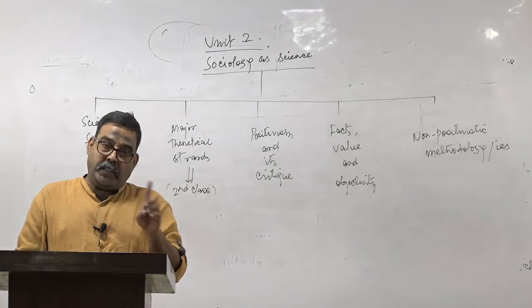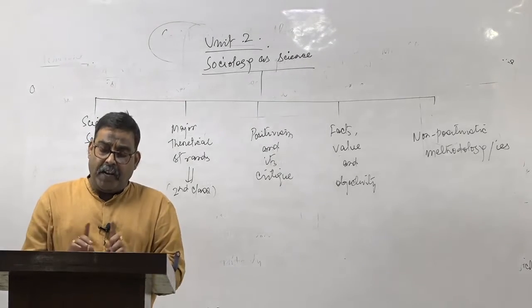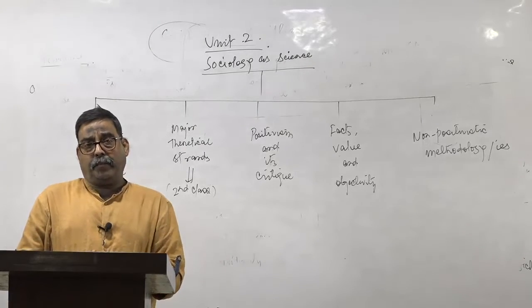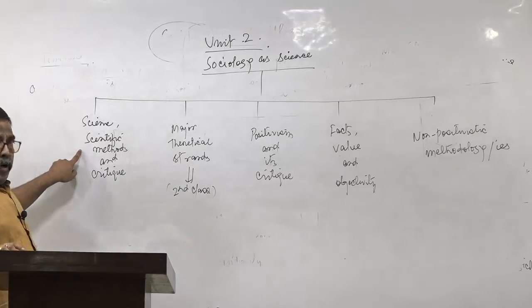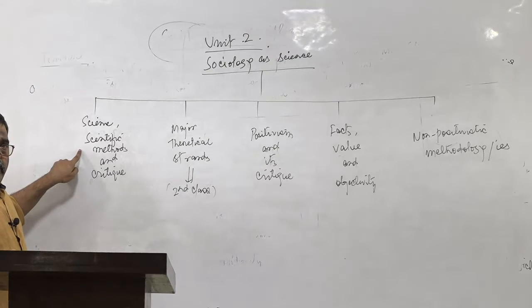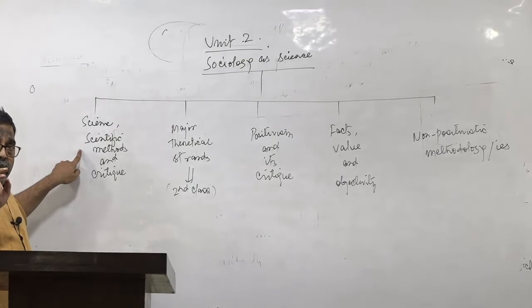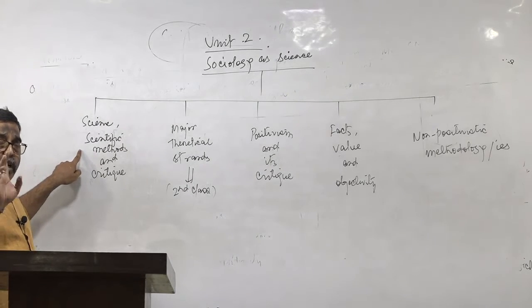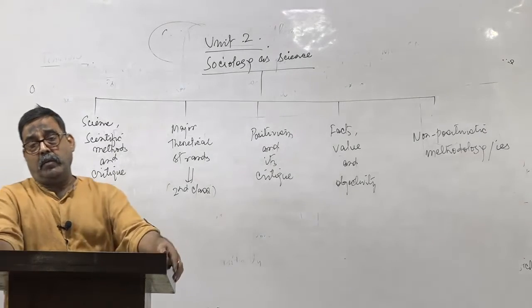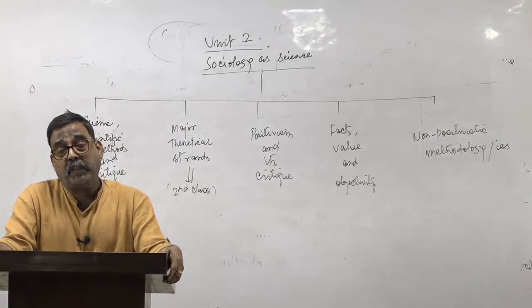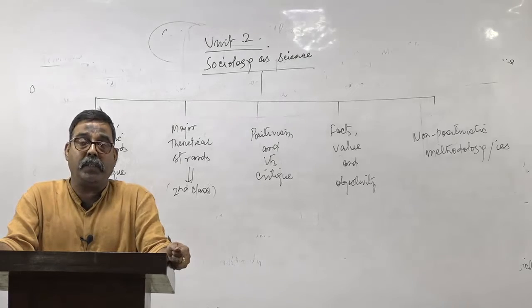That's why I said the debate in sociology is not here. Though here we will be talking about certain dimensions. But as a matter of fact, the debate in sociology is not whether sociology is a science or not. Even the non-positivists like Weber will say that sociology is a science.